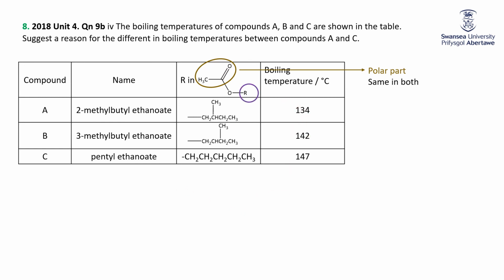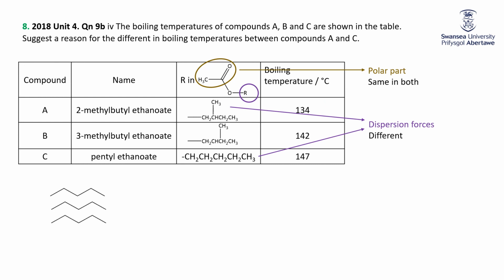Now, what must therefore contribute to these differences is the R group. Now we're asked to compare between A and C. Both of these R groups are just hydrocarbons, which means all they have between them are dispersion forces. But why are the dispersion forces sufficiently different that we have a 13-degree difference in boiling temperature?